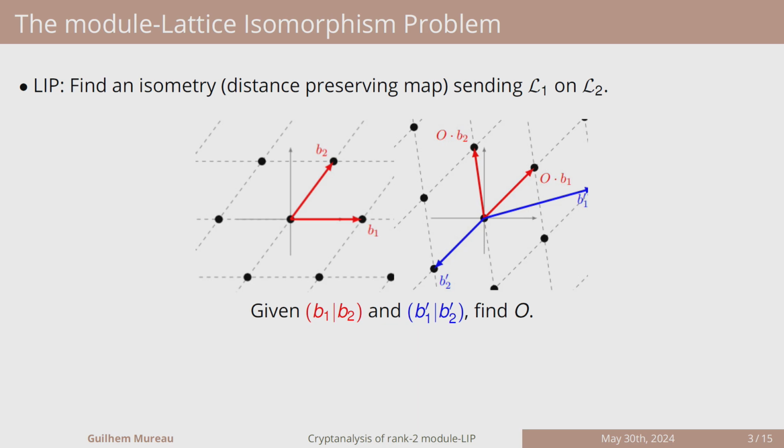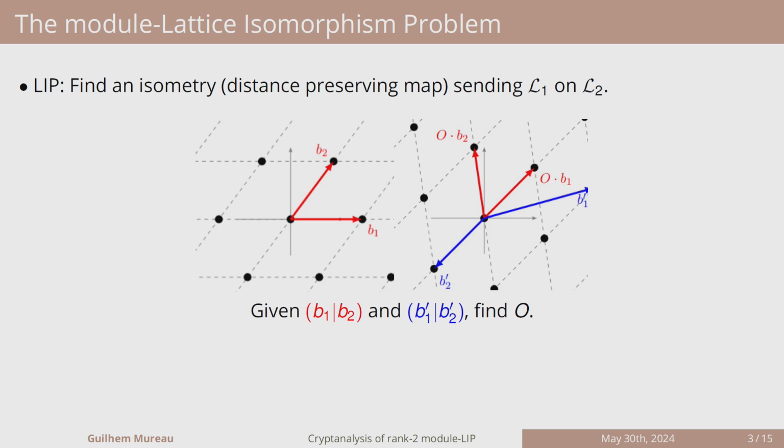First of all, let me define LIP, the lattice isomorphism problem. Given two lattices which are isomorphic, that means one lattice is a rotation of the other, the problem is to recover the rotation. For example, in rank 2, we are given a basis B1, B2 of a first lattice. We take a rotation of this lattice, which is unknown, but we are given a second basis, B1 prime, B2 prime of this rotated lattice.